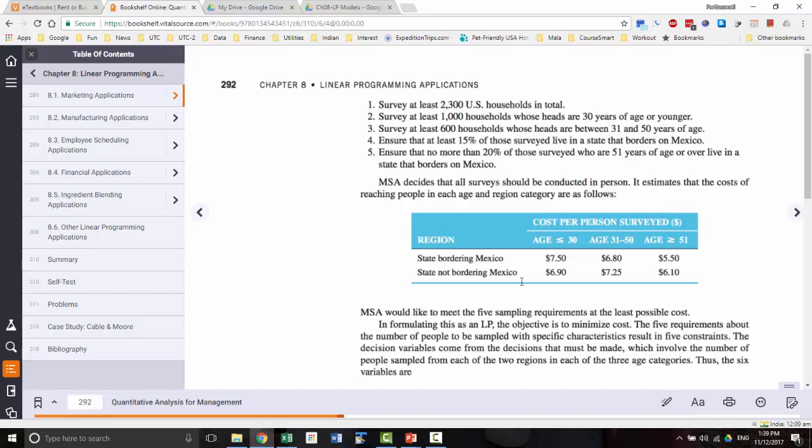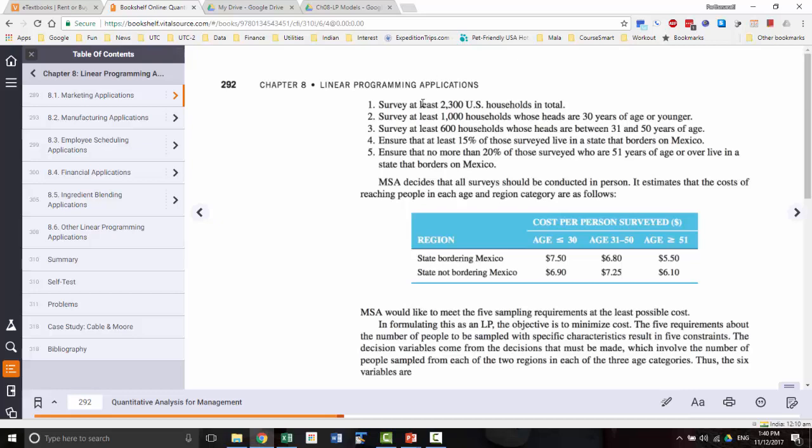States not bordering Mexico, again there are 3 possibilities. So there are totally 6 possibilities, and we have to figure out how many surveys we need to send out in each of those groups. And we want to minimize cost. Okay, so the cost is given here, and then all of these requirements must be met.